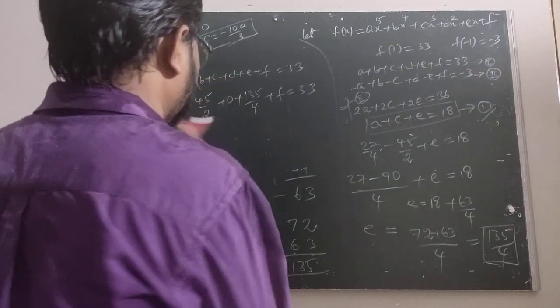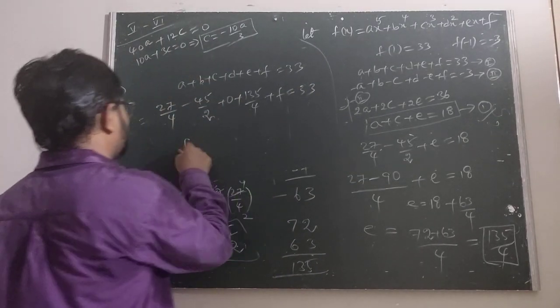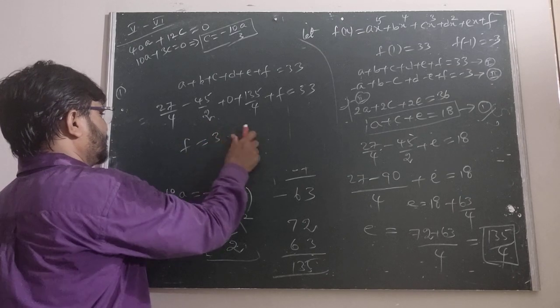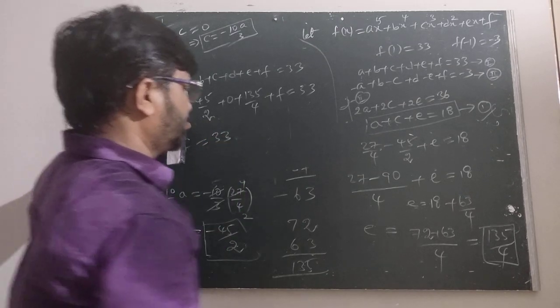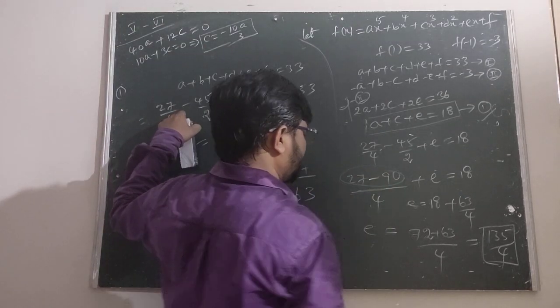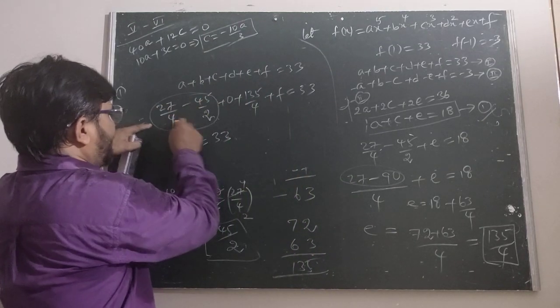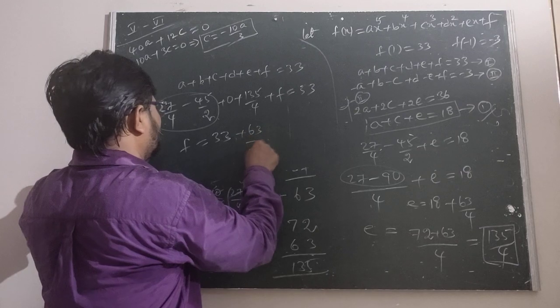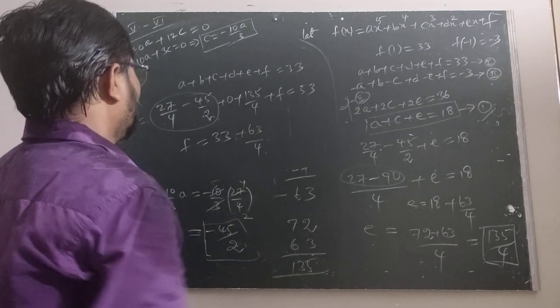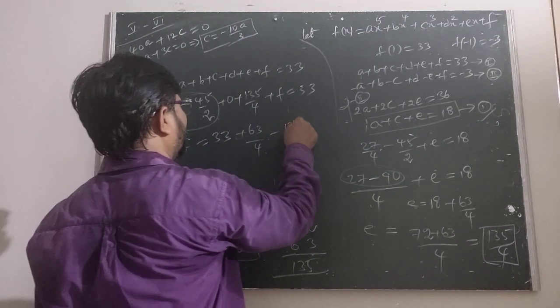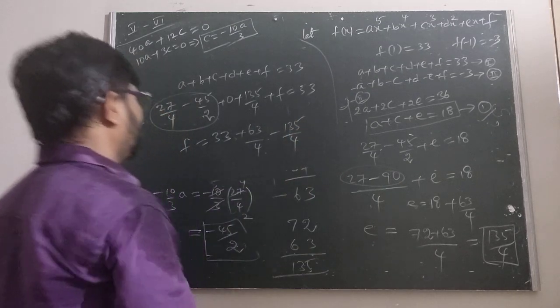Now we get F equals 33. The value we know is minus of 63 by 4, and this is sent to the other side as minus 135 by 4.